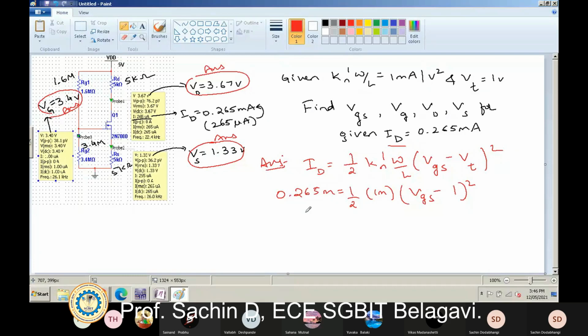How much are you writing for VGS? Let's solve it. Take a calculator and solve it.